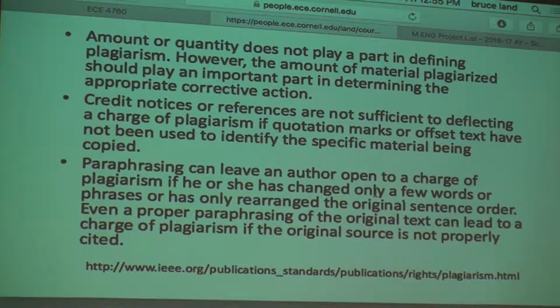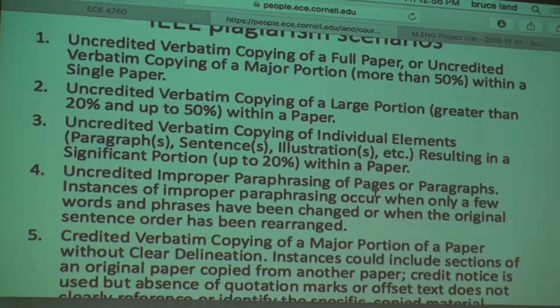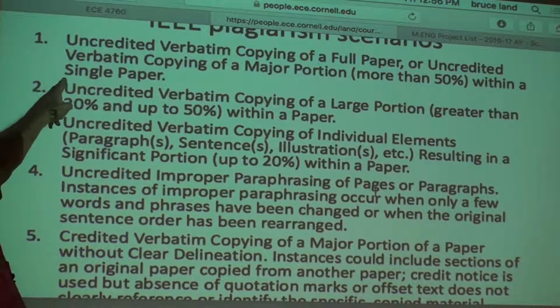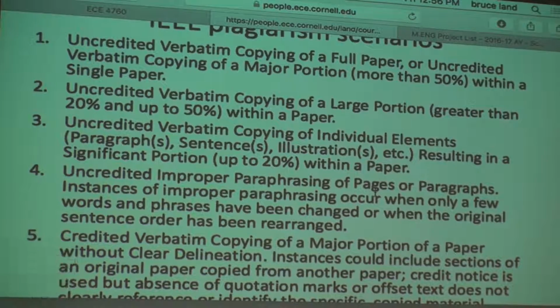If you copy a big chunk of it without quoting it, it's plagiarism. And the scenarios are uncredited verbatim copying of a full paper. Yes, that's them. Uncredited verbatim copying of a large portion, down to very minor things.